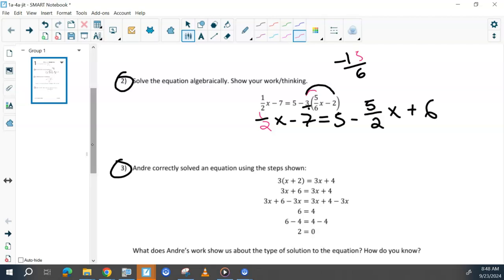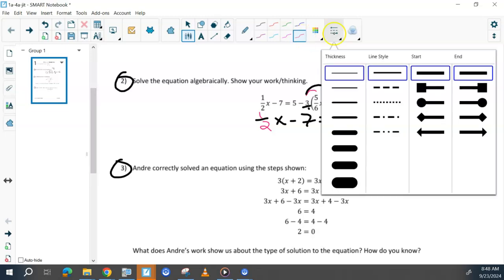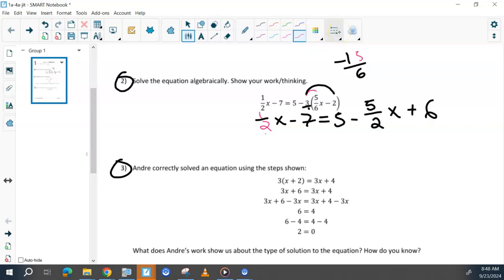And then plus 6. Then we could combine like terms on the same side, the 5 and the 6. Add those together to get 11. And then from here, you could pick and choose what you wanted to move. So let's say I moved the 5/2 over to the left by adding.